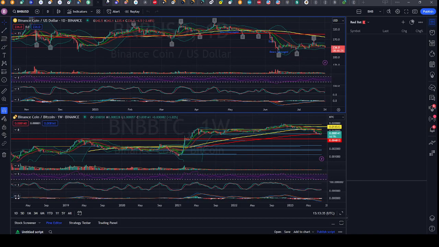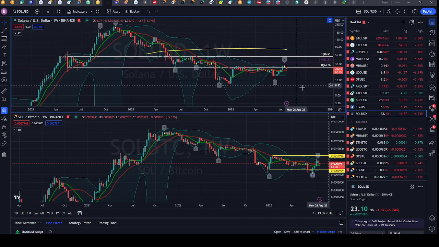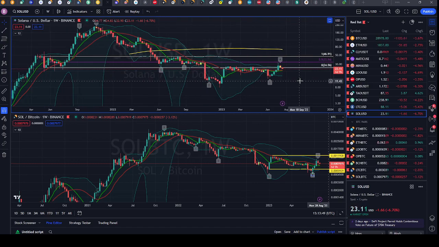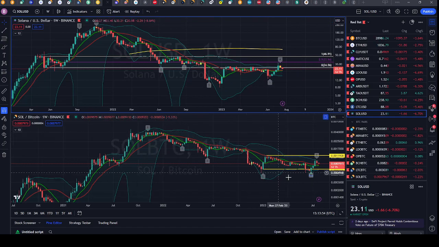I'll just kind of go through some of these alts. I know some people were talking about Solana. Solana has lost the support it had in this channel, and it's got a big, ugly bearish divergence flag on the weekly, which is ugly. What I'm looking at here is it looked like maybe it was going to reverse, certainly on the weekly against Bitcoin, but now it looks like it's probably just going to keep trending down, at least for the time being, unless it can get support off the center of these bands and bounce back up.